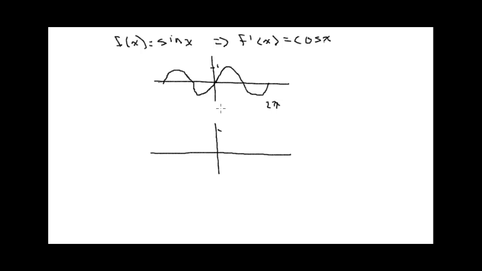Amplitude's 1, comes out to negative 1, this would be negative 2 pi. So this here is the graph of y equals sin x. Now what we're going to do is graph the derivative of this.